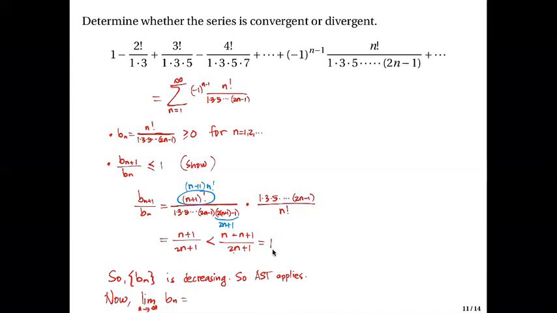So what we're going to do is apply the absolute convergence test immediately. So let us remove this part. There's no need to apply this. We directly use the absolute convergence test.